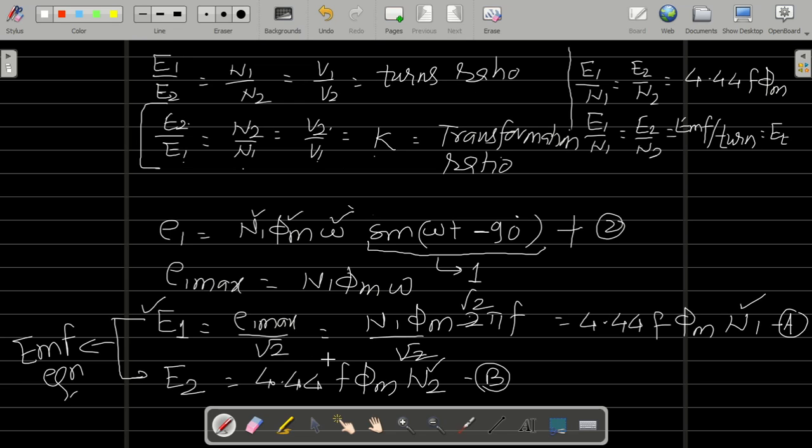So don't confuse yourself. Some books also take E1 upon E2, but both are the same. Just the formula will differ a little, the final answer will be the same.